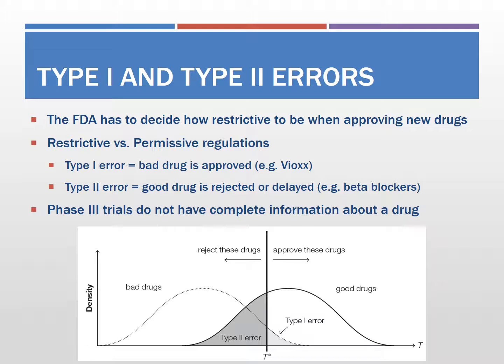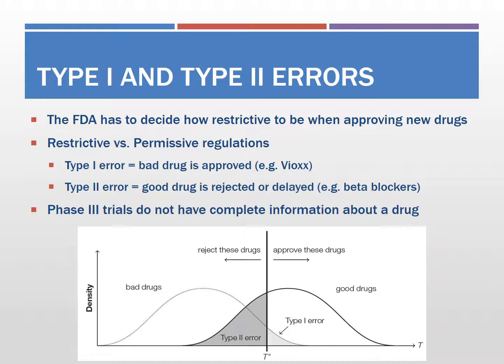Some errors are inevitable because the process of distinguishing between good and bad drugs is imperfect. The FDA and other modern regulatory agencies rely on the results of clinical trials to decide which drugs should get approved, and data from the three phases that we have studied becomes very important. Even though it's imperfect, it is still a very important piece of information.